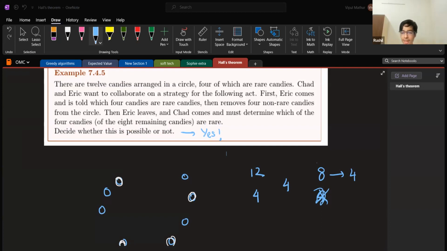Source of this problem. Good question. Let me quickly find it. I should have written sources. Actually, I will not tell you the source. I'll tell you after we solve it.